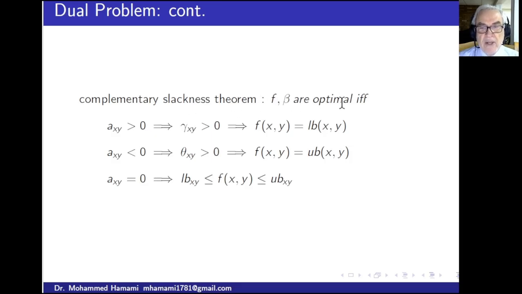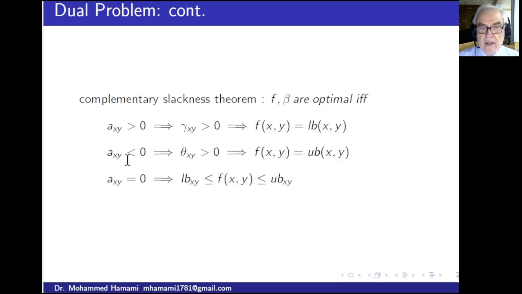If f and beta are optimal, if and only if a of xy bigger than 0, then gamma is greater than 0. And remember, gamma corresponds to the inequality f greater or equal to the lower bound. So when the dual variable is strictly positive, that inequality is an equality. So f of xy is equal to the lower bound.